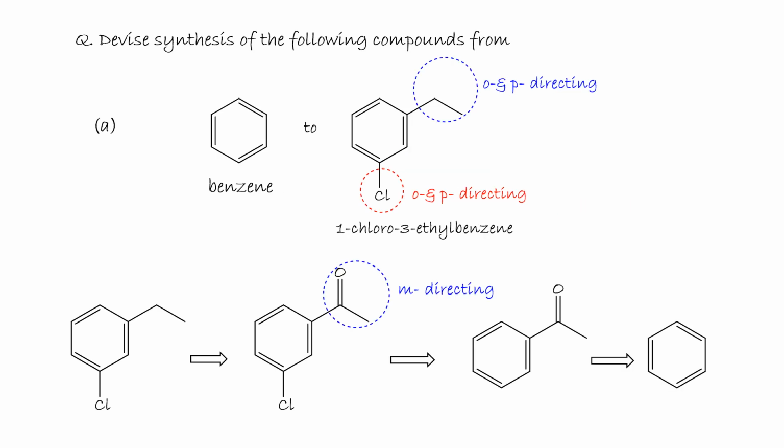Devise synthesis of the following compounds starting from benzene. Get us 1-chloro-3-ethylbenzene. The ethyl and the chloro are 1,3, so they are meta to each other. The ethyl group is also an ortho-para directing group.